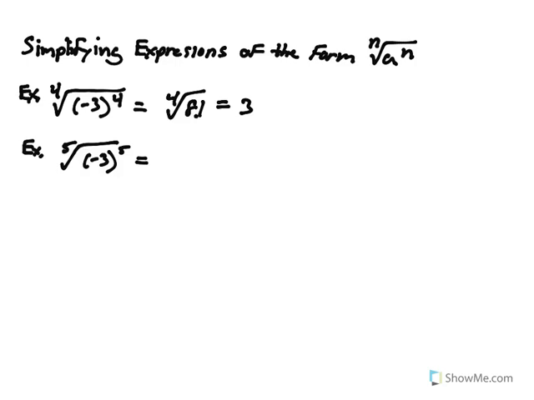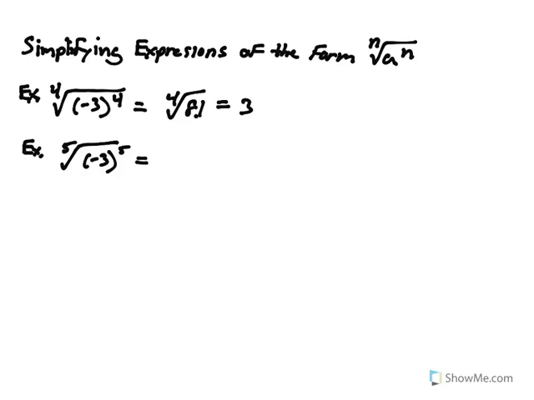This next second example, we're going to take 3 and we're going to raise that to the fifth power, okay? So if you take 3 and then raise that to the fifth power, you get 243, and then you take the fifth root of that, and you will also get 3.